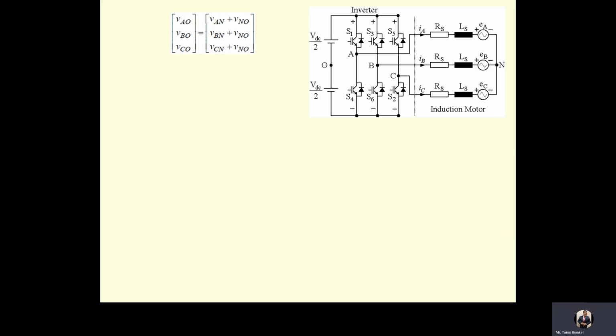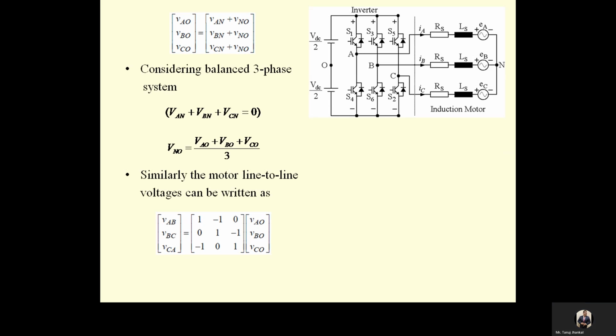From the previous equations, the phase to neutral point voltage can be expressed in terms of the inverter pole voltage, which means we can represent VAN, VBN and VCN in terms of VAO, VBO and VCO. Similarly, the motor line to line voltages VAB, VBC, VCA can be written in terms of VAO, VBO and VCO.